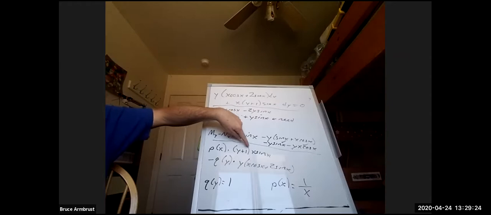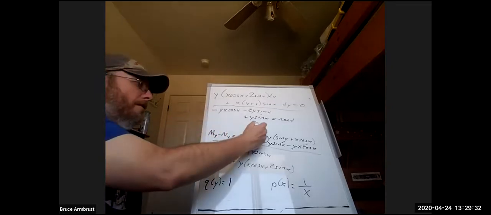If we have that 1 over x and we distribute it through, the x's cancel and we're left with 1 times sine, which is actually that piece. So we're good. We've actually got it here. So q of y is going to equal 1, and p of x is going to equal 1 over x.